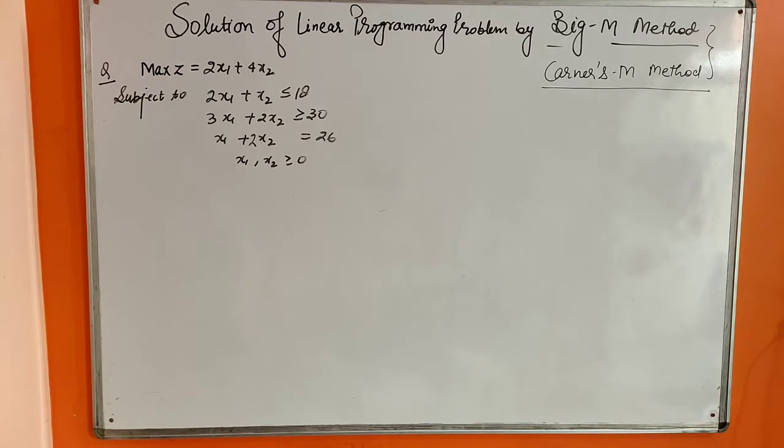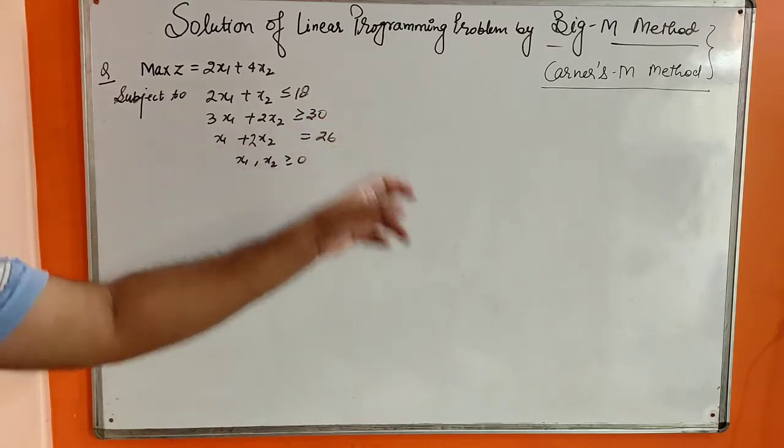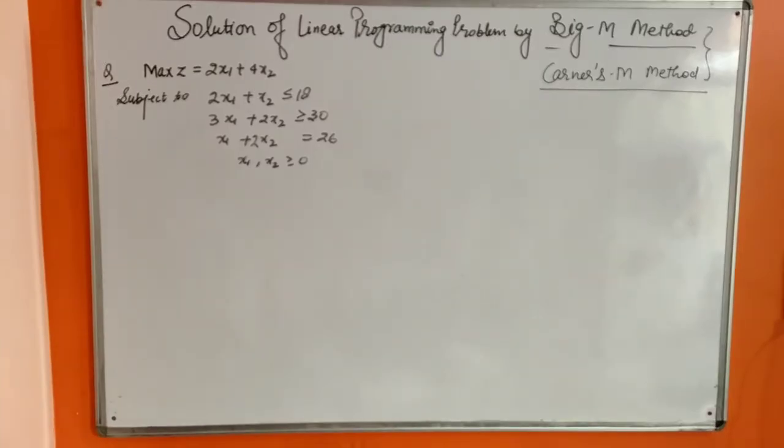An artificial variable arises when there is a greater than or equals to sign, or an equals to sign, or both, because in the greater than or equals to case we subtract a surplus variable and add an artificial variable, and in the equals to case we add an artificial variable only. That is, if an artificial variable arises, then we can apply this Big M method or Charnes' M method.